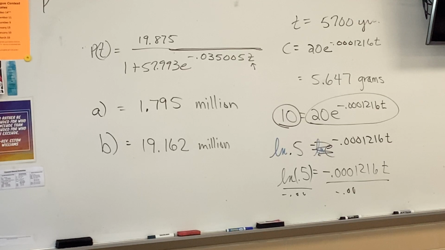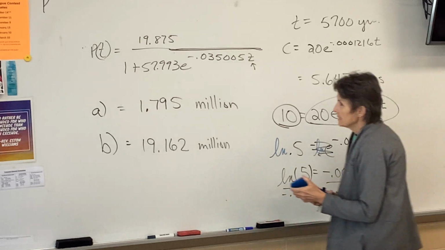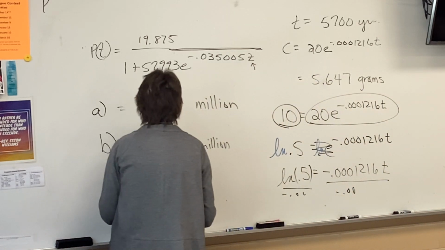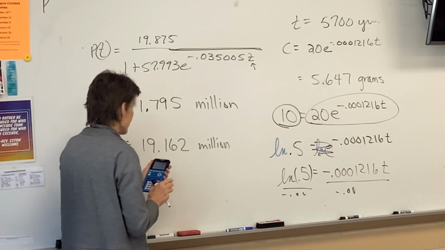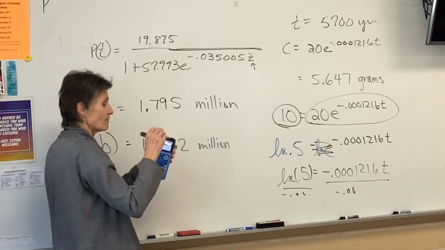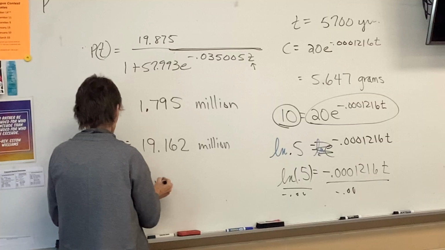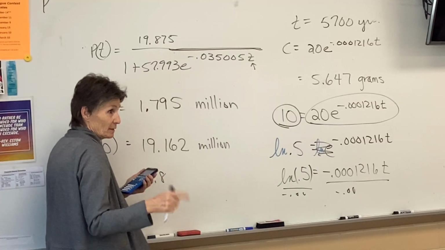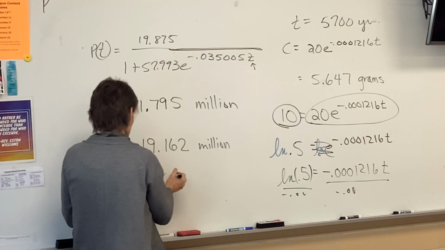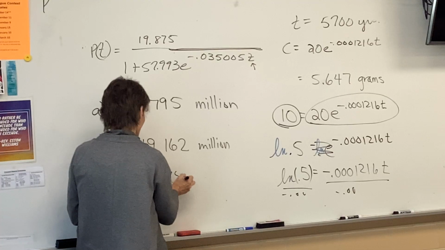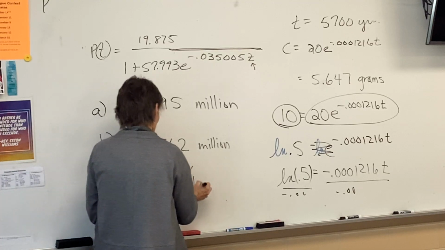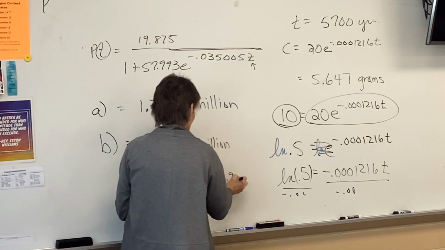Okay, so here is what Eli's issue is. He is literally typing in, he's not using any kind of fraction capability on the calculator, which is fine. I don't have that capability, so this is what I think. 19.875 divided by 1 plus 57.99.